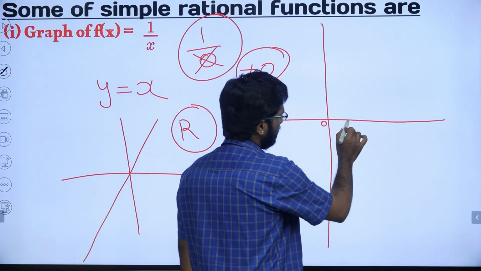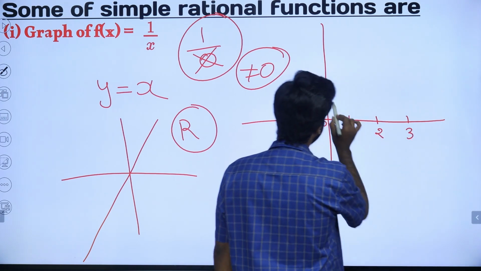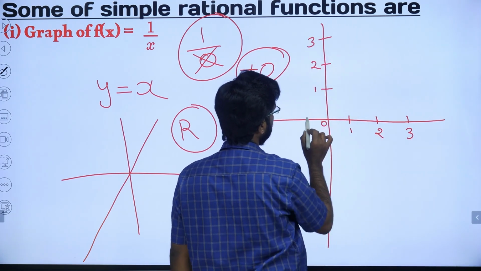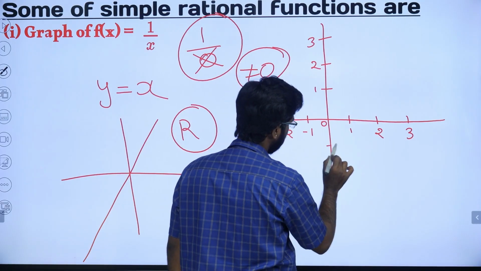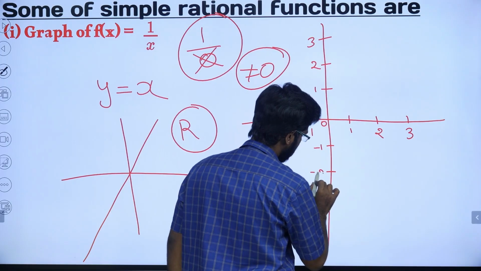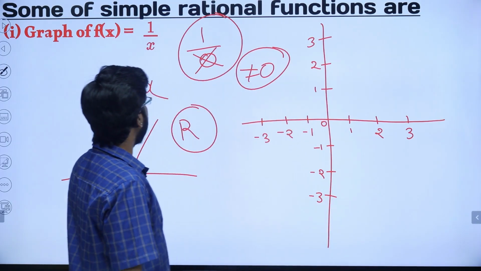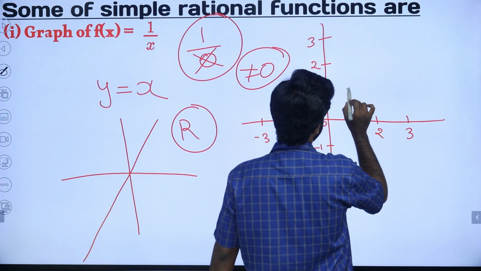So the next points I am taking are 1, 2, 3, minus 1, minus 2, minus 3, my dear students. For x equals 1, what is the answer? The answer is 1.